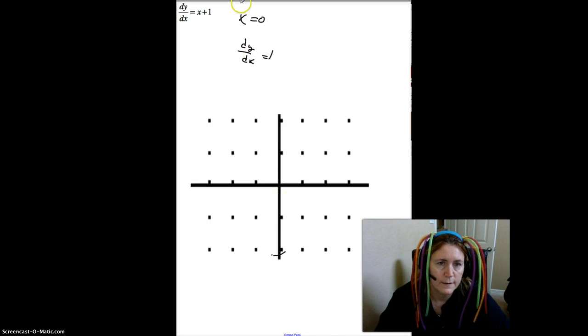Oops, didn't mean to do that. Let's start over. This is what happens when you get carried away with technology. All right, what this tells me is all along this line right here, where y equals x, I can put a little dash, and this little line has a slope of 1.